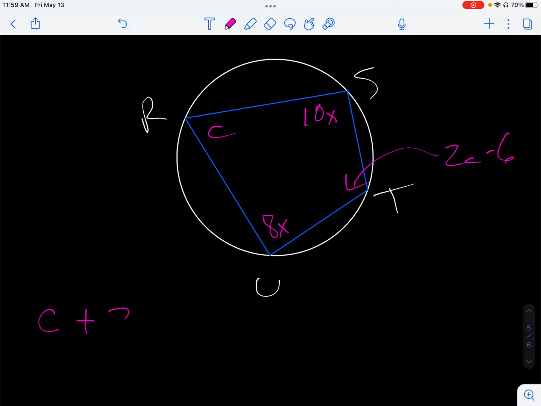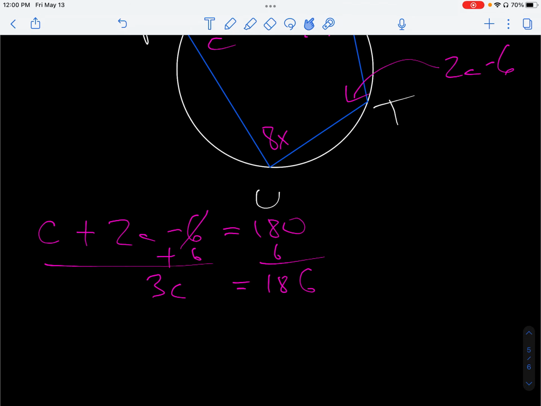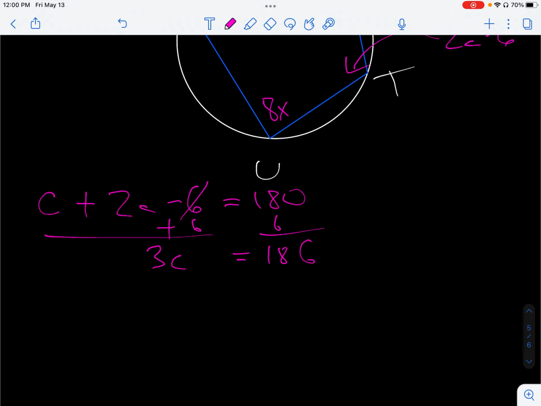So c plus 2c minus 6 equals 180 degrees. I'm going to add 6 to both sides and combine like terms. So that cancels, and we have 186 equals 3c. So C equals 62 degrees.